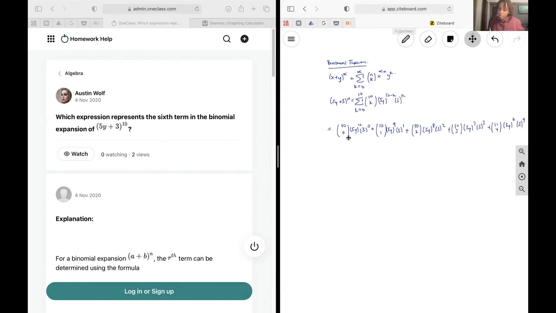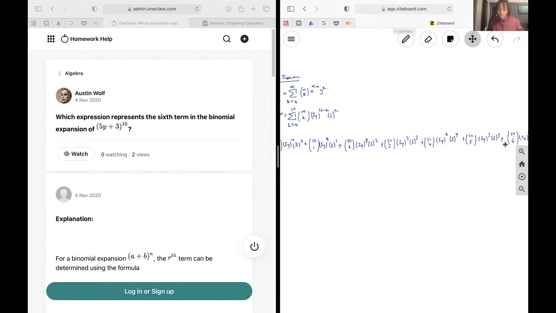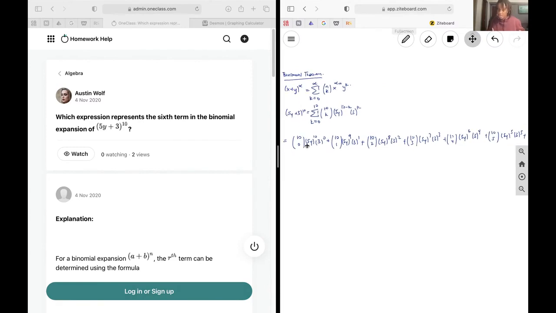So the sixth term, since I start counting at 0, you need to keep that in mind, is going to be when k is equal to 5, not when k is equal to 6, because I start counting from 0, as I just said. So this is going to be my first term, my second term, my third term, fourth term, fifth term, sixth term.